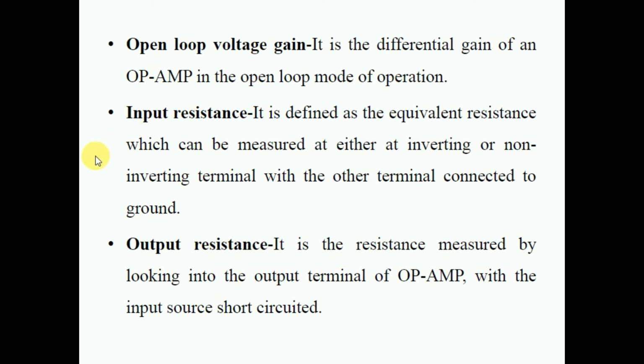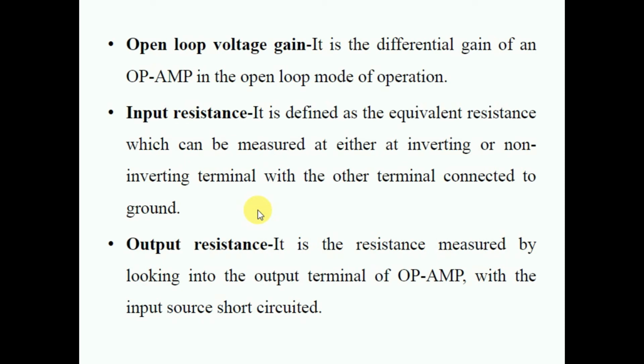After that, you can see the input resistance. Whenever we talk about the ideal operational amplifier, it will have infinite input resistance, and the output resistance must be zero for ideal conditions. But we know that it is not possible for input resistance to be infinite, and output resistance is also not zero, so there will be some input as well as output resistance.